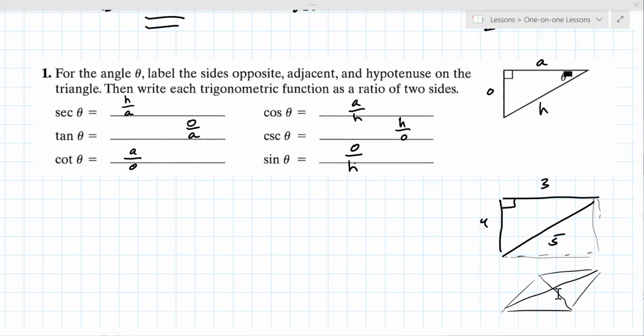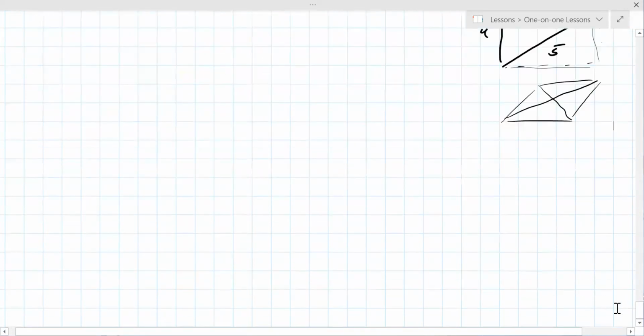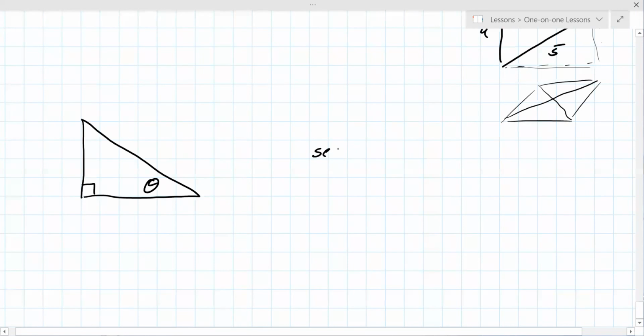Let's do a real quick problem related to this. Let's say I give you a triangle like this one, and I tell you that the secant of theta equals 17 over 15. What is A, what is B, and what is C?